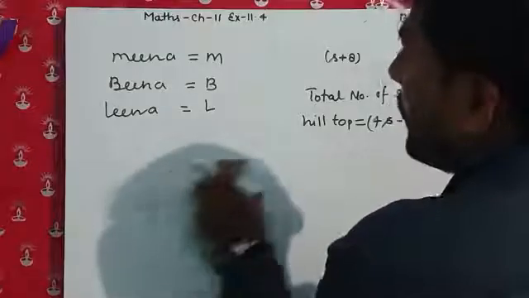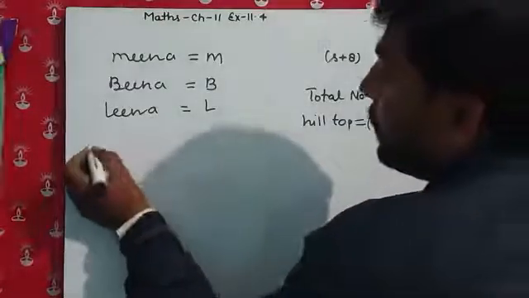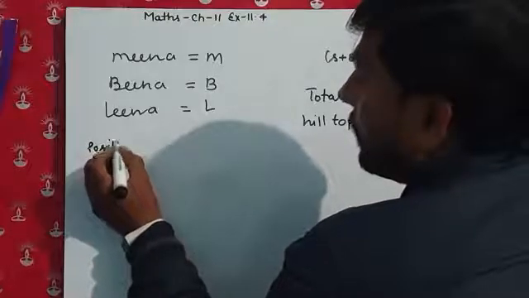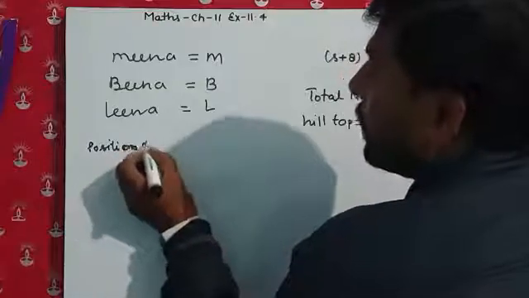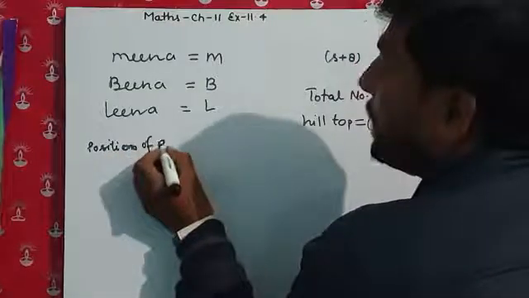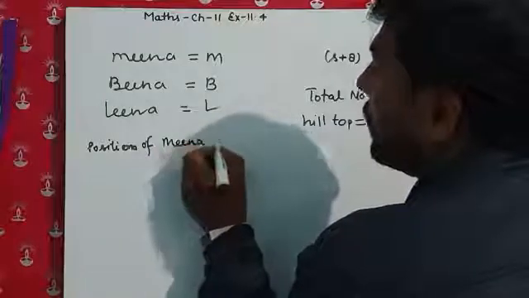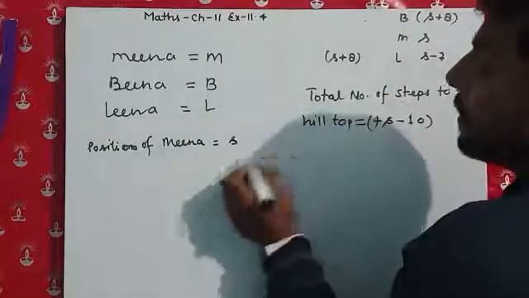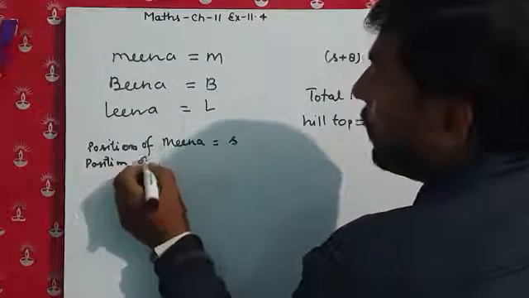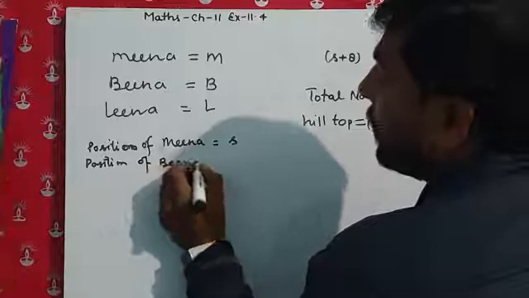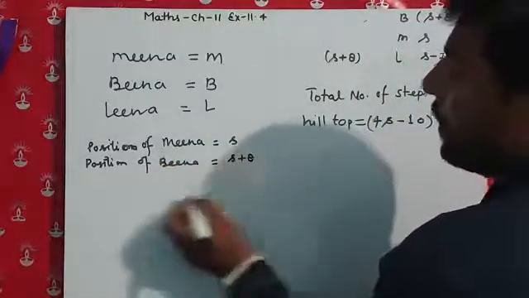Position of Meena, who is first? Meena. Then it will be S. Position of Beena is S plus 8 because she is 8 steps ahead.